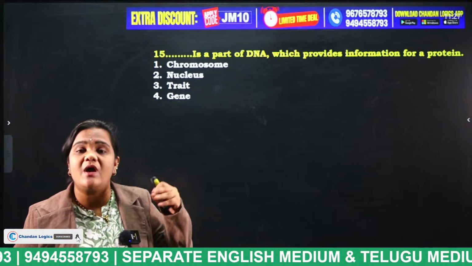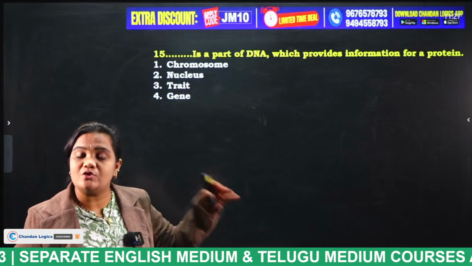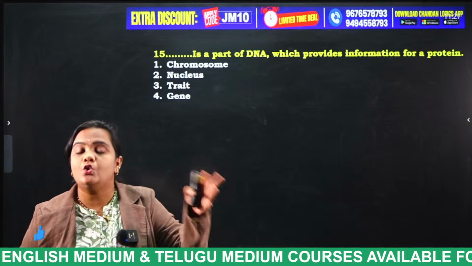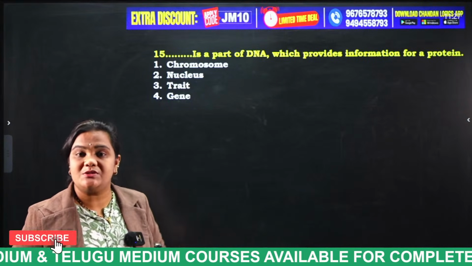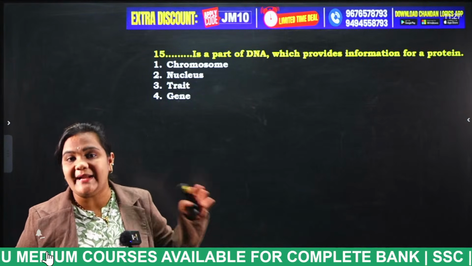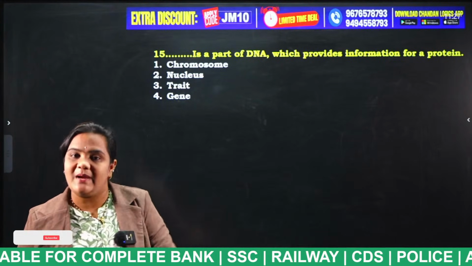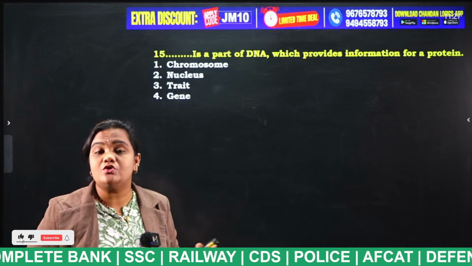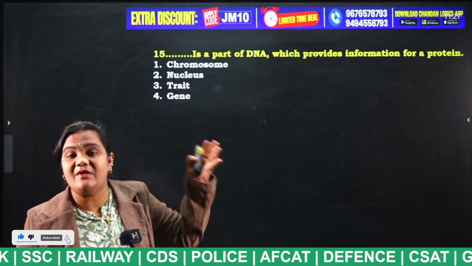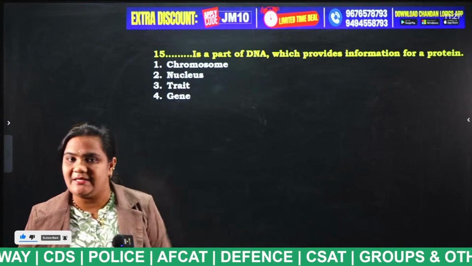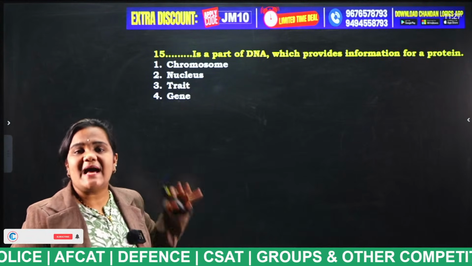Out of those 46, 44 are autosomes and 2 are sex chromosomes, XX and XY. XX is for female and XY is for male. The same number of chromosomes are taken to the baby from both the parents.